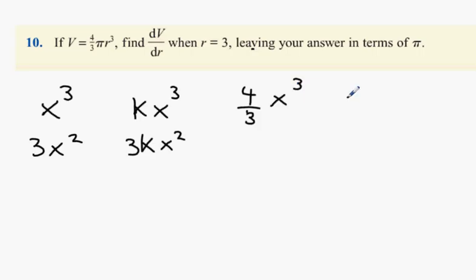Now finally, can somebody tell me how to differentiate 4 over 3 kx cubed? 4kx squared. 4k gets multiplied with 3 becomes 12k, 12k divided by 3 is 4k. So what they try and do is they try and get you.